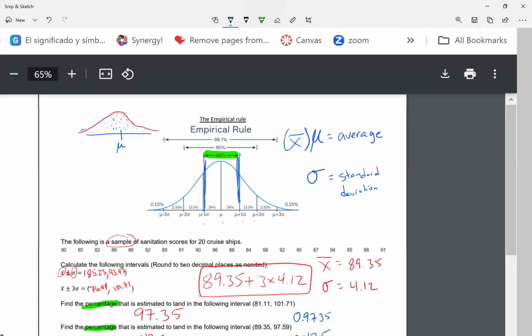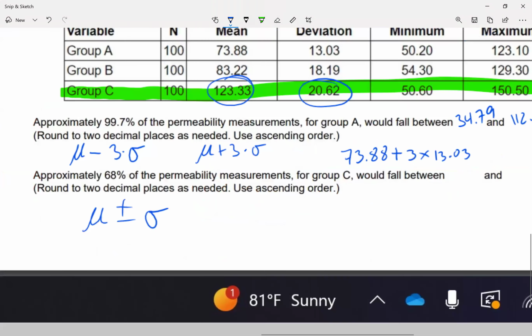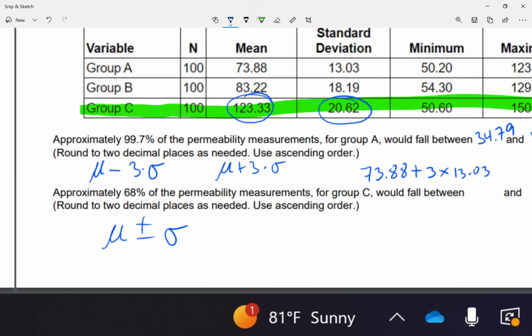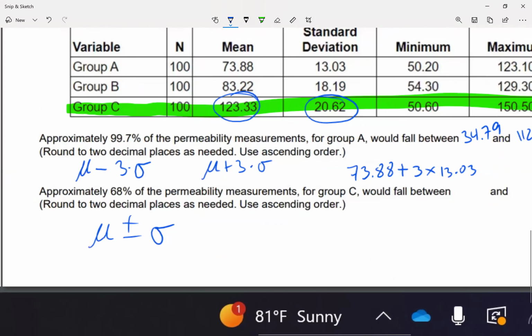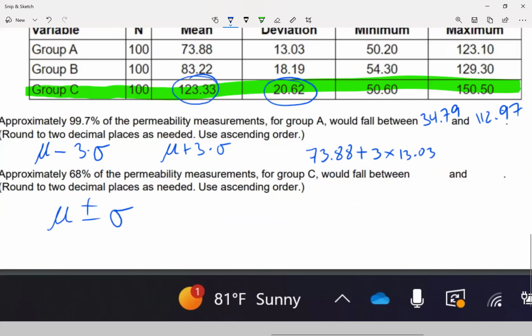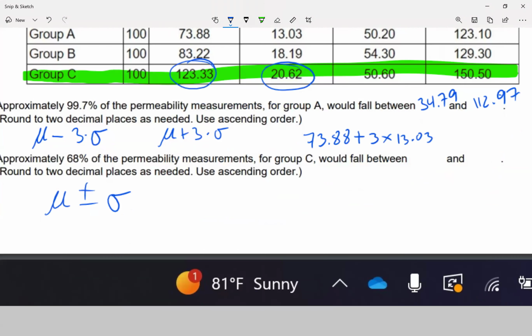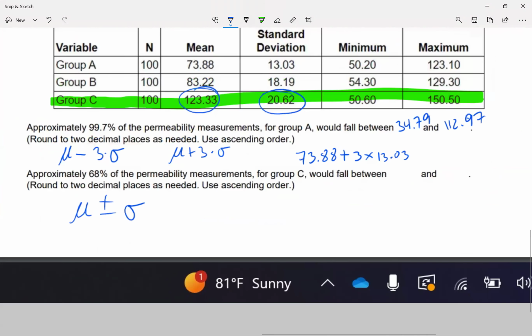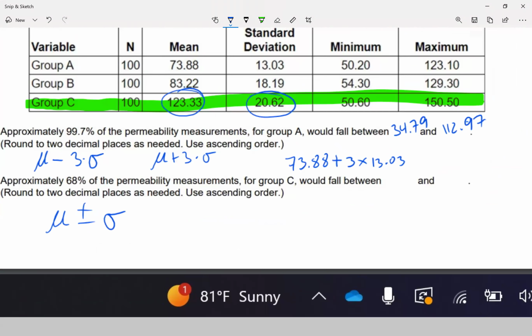Okay, now that we understand that, let me come back to our question. So plus or minus 1 standard deviation. In our terms here, the mean is 123.33, right? So I'm going to say 123.33 plus or minus 1 standard deviation, which is 20.62.